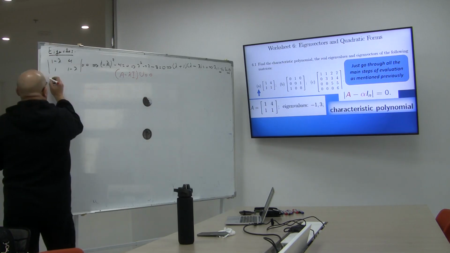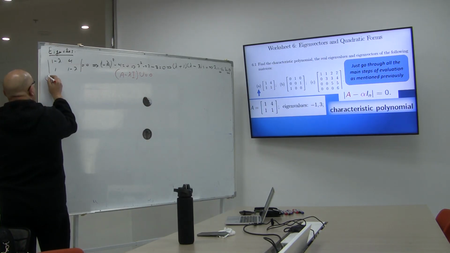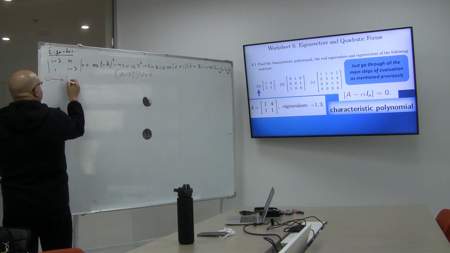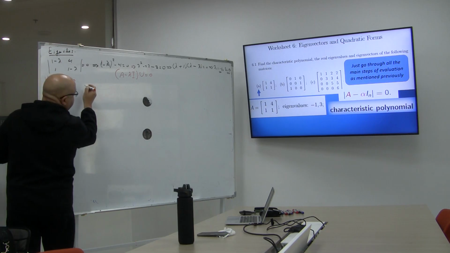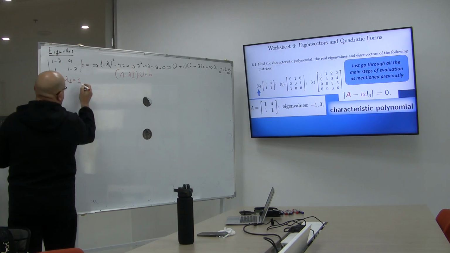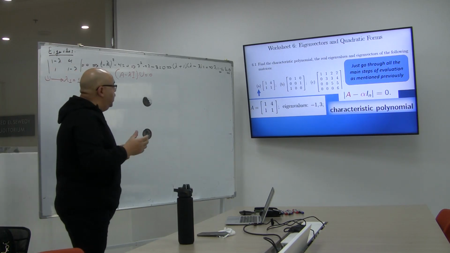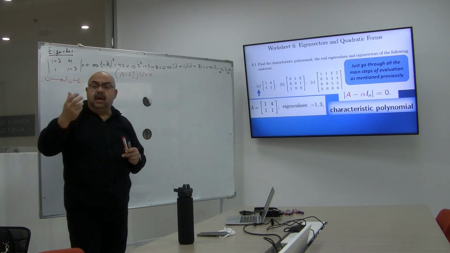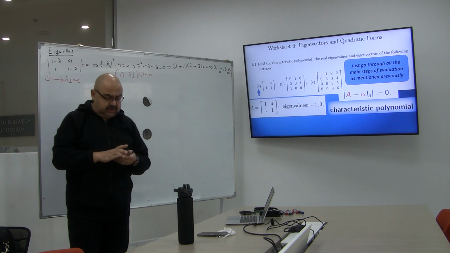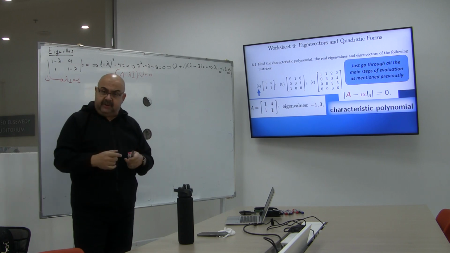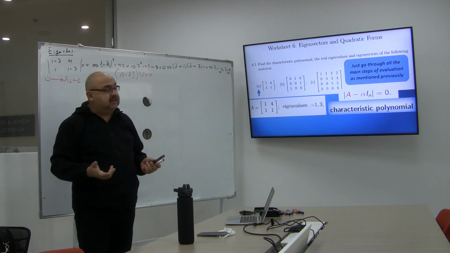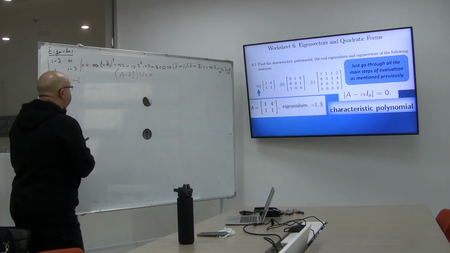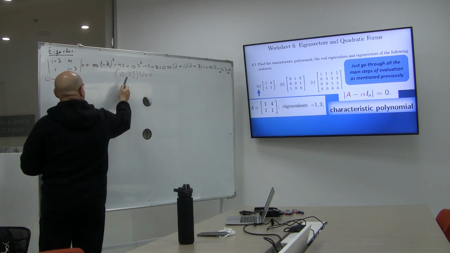So now I'm trying to evaluate the first eigenvector, U1, which corresponds to the first eigenvalue, lambda 1, which is negative 1.